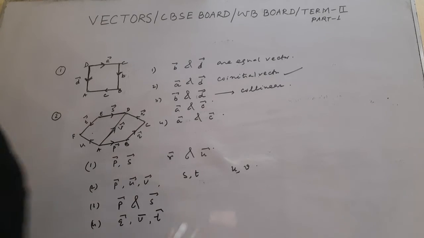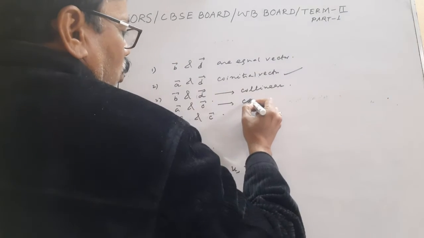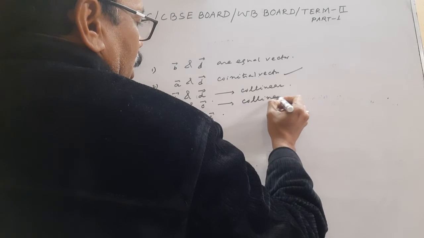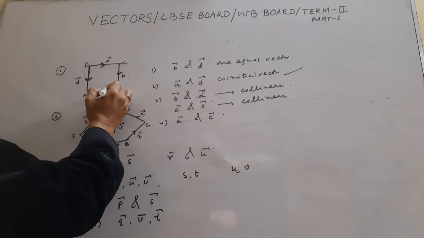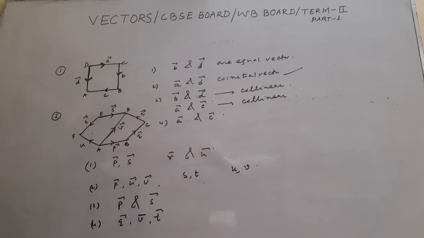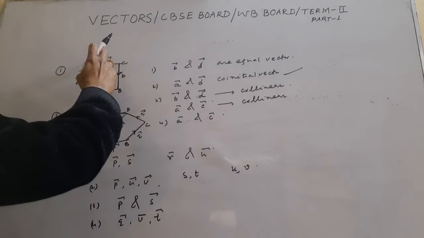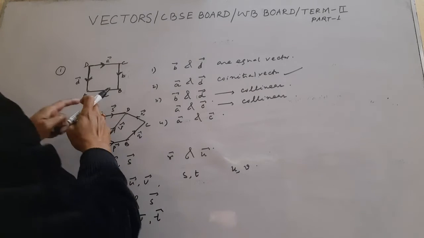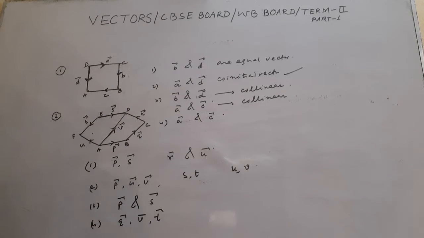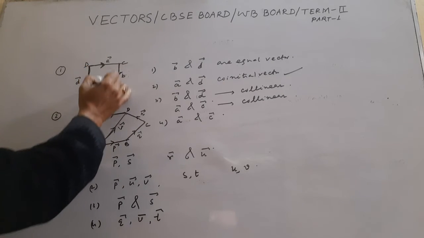A and C are also collinear. In case of collinearity, look, A and C are not equal vectors because of opposite direction. But A and C are also collinear because they are parallel.